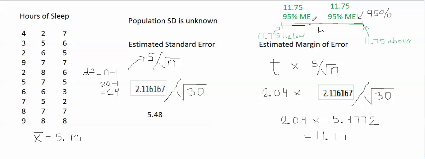And I would say that I had a 95% chance of getting a sample percentage within 5% of the true population percentage.